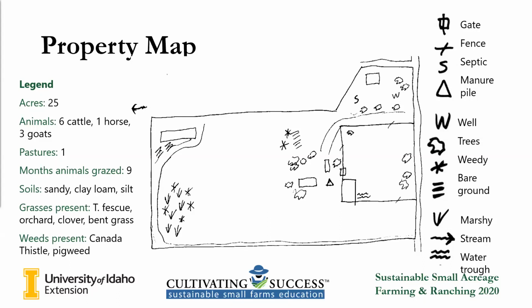Those things can be mapped out as well. And then you can evaluate each plan. You might have not just yourself, but your other farm partners involved in brainstorming on the property map. And as you evaluate each of those, you can take some of the best ideas from each plan and then incorporate them into your overall plan for your farm. And I would say take your time to let this plan emerge.